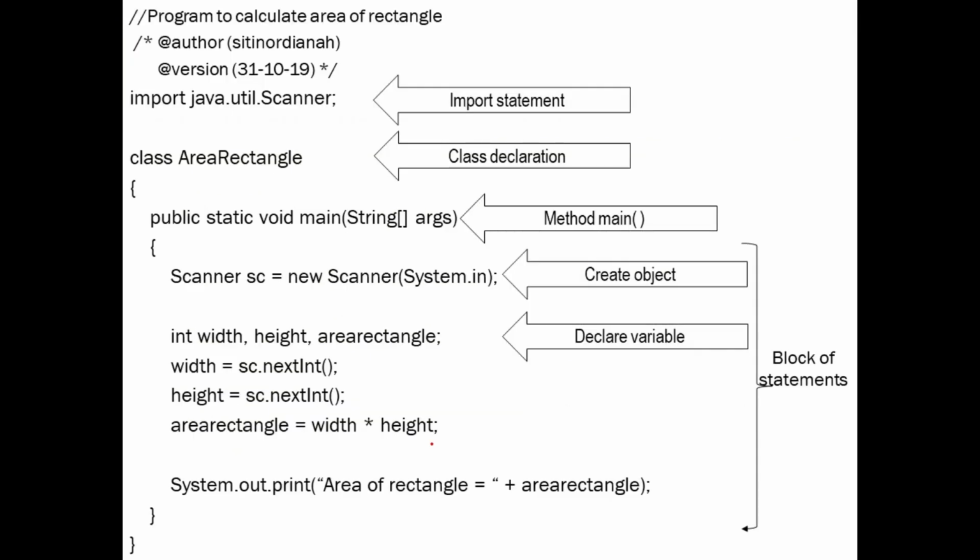Where do we declare variables in a block statement? Usually we put the variable declaration statements before we go to another statement.